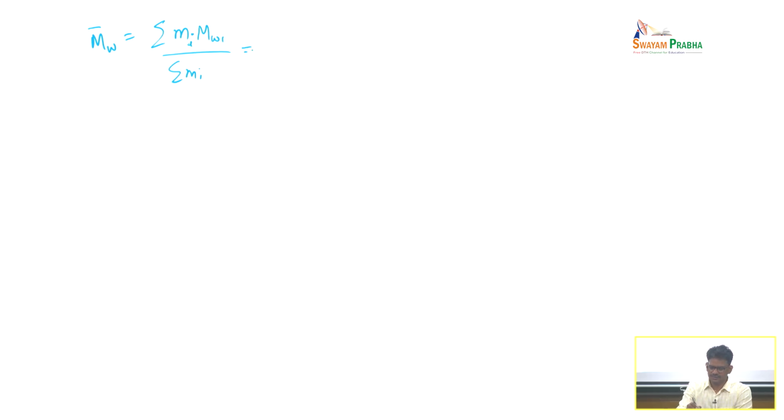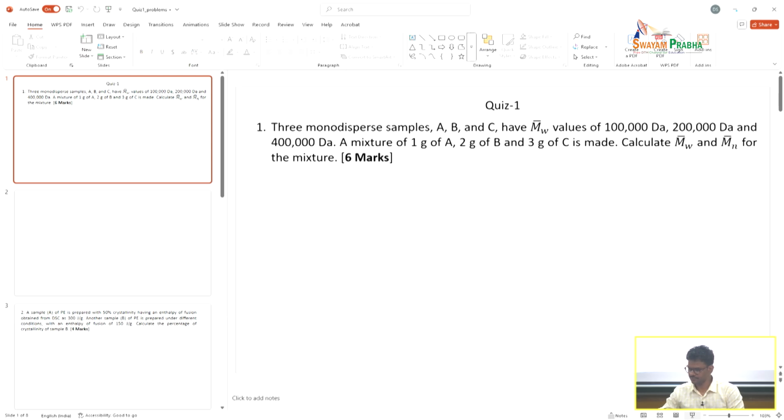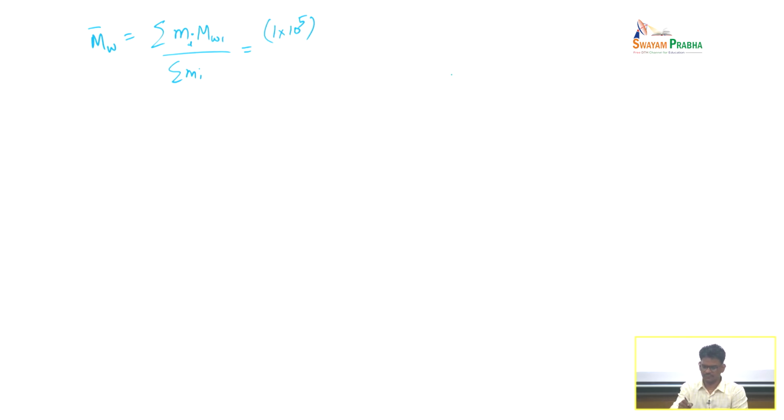Okay. So, for species A, mass is 1 gram and its molecular weight is 10^5. For B, we have 2 grams times 2 × 10^5, that is the molecular weight. For species C, we have 3 grams and its molecular weight is 4 × 10^5, and this divided by the sum of the masses, that is 1 plus 2 plus 3.